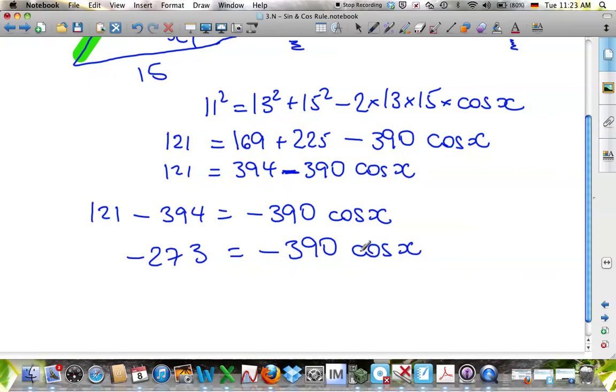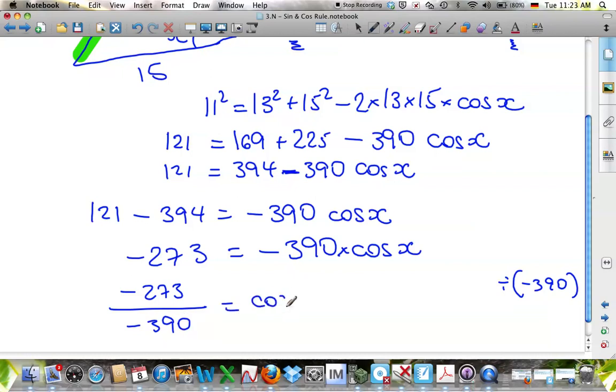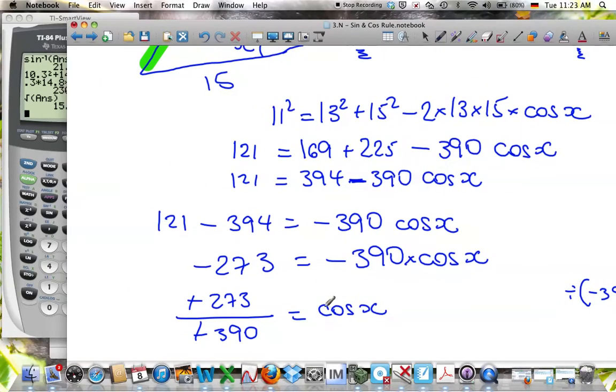We don't add 390 because that's not what it's doing to cos x. There's an invisible times sign here. So we need to divide by minus 390. So we get minus 273 over minus 390 equals cos x. Those minuses cancel out.